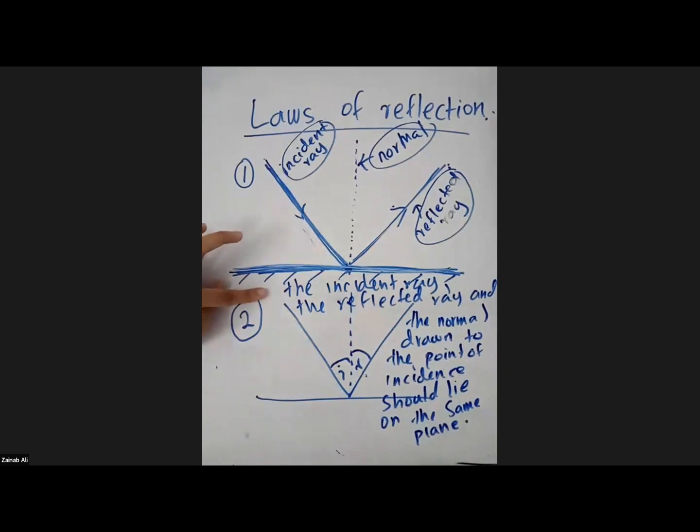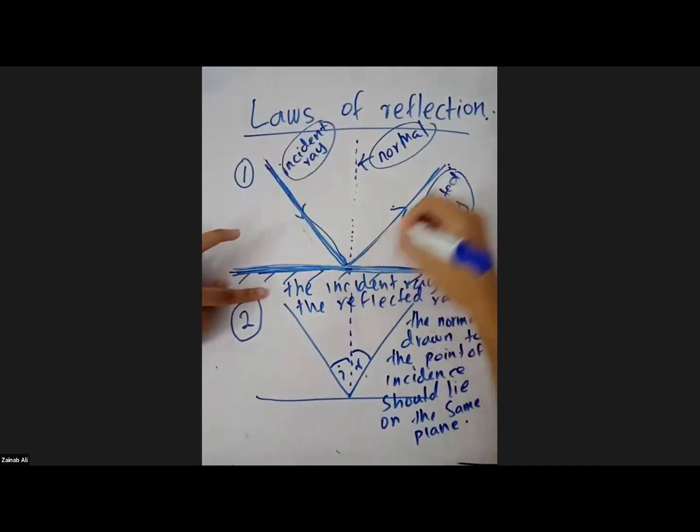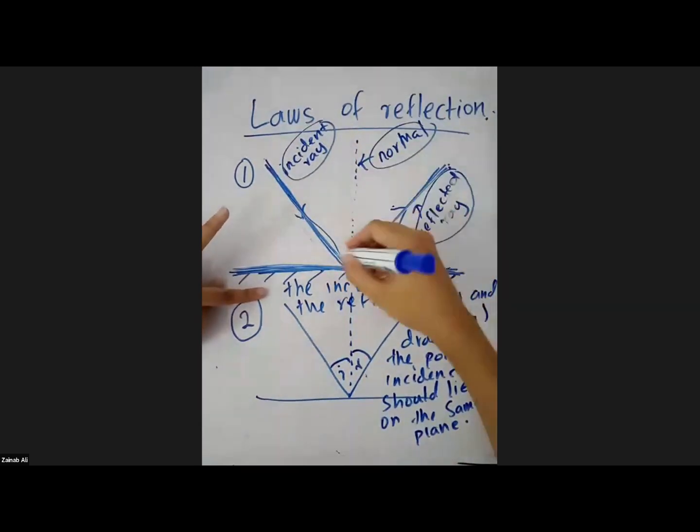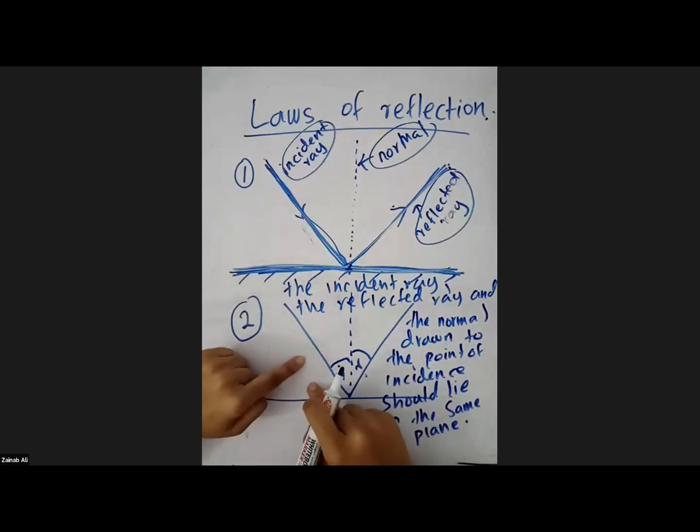So listen carefully. This is the first law: the incident ray, the reflected ray, and the normal drawn to the point of incidence should lie on the same plane. Then the next one, the second law.